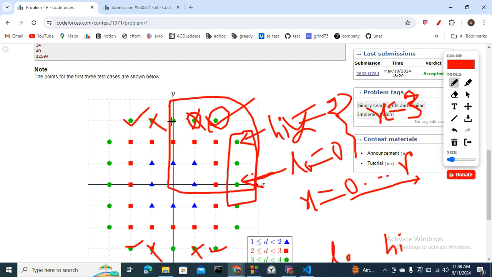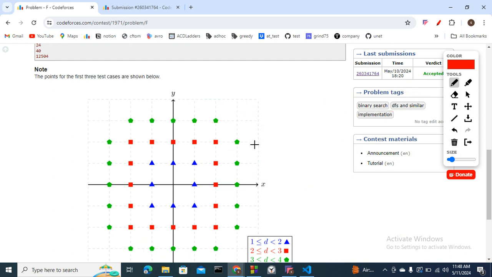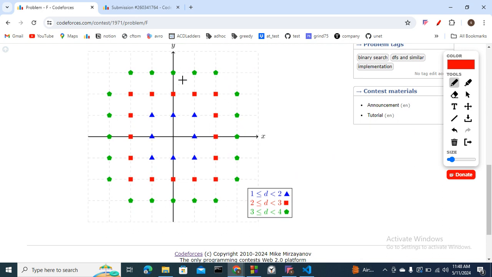So we will only consider the first coordinate, and whichever point we get, we will multiply it by 4. That means we consider it to be in all 4 coordinates. But there is a corner case. For example, this point is not in 4 coordinates.